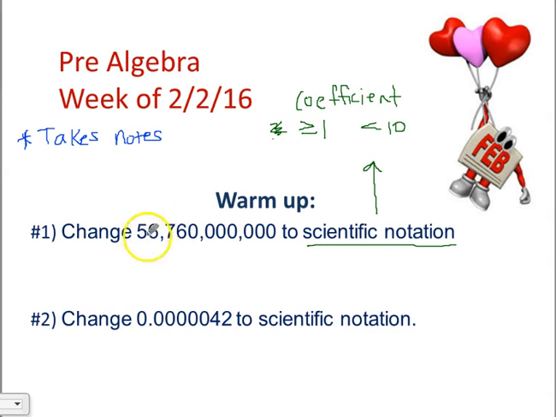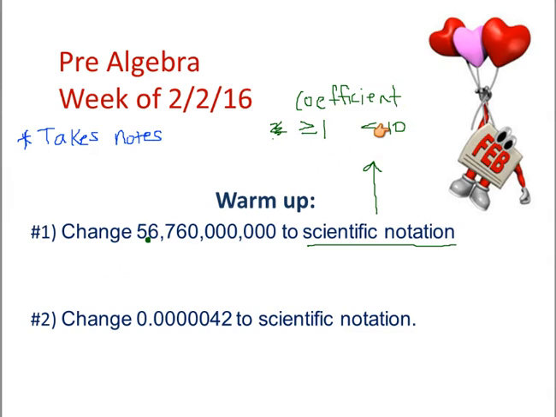So in order for that to happen with that 56 billion number, we need to place our decimal between the 5 and the 6. Now our coefficient will be 5.6, and that's greater than 1 and less than 10.